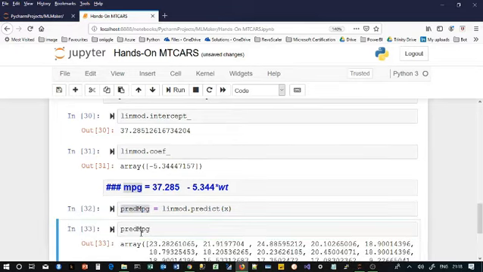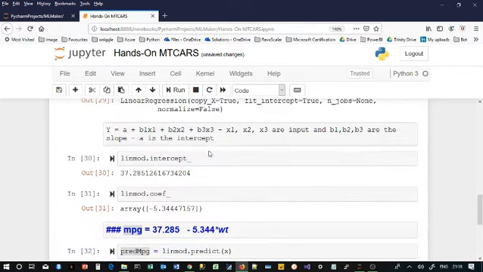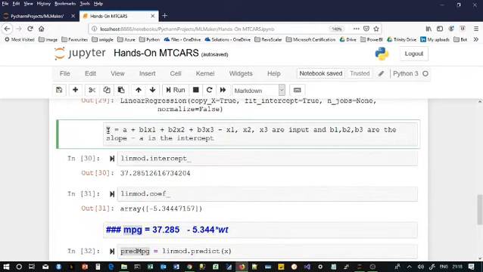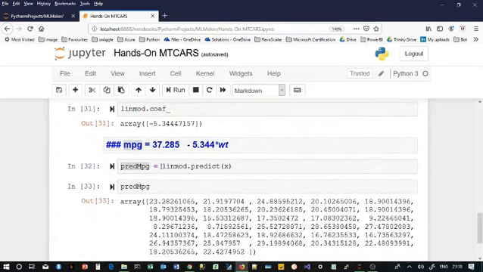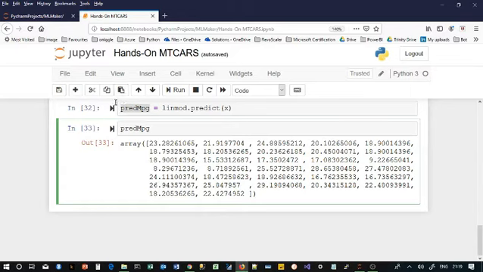Now for each of my 32 cars, I have a predicted miles per gallon. I already have my original miles per gallon sitting in the y field. So what do I do with this?